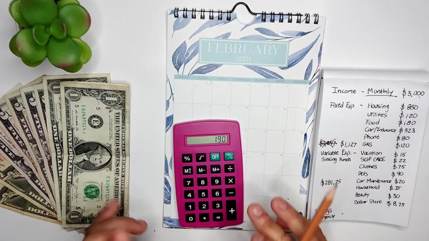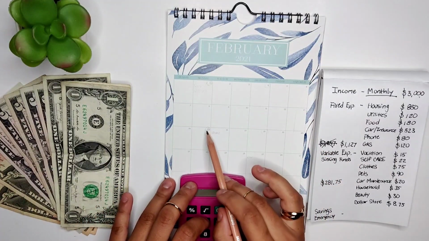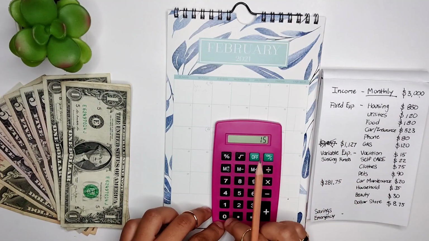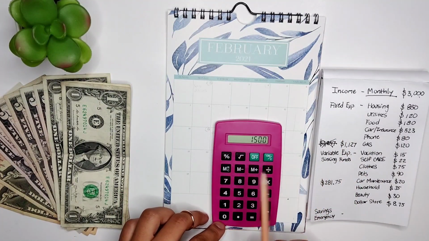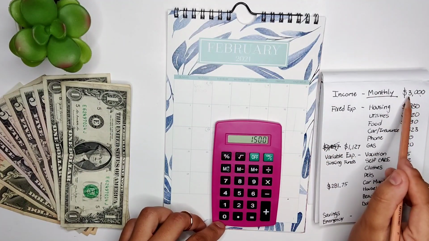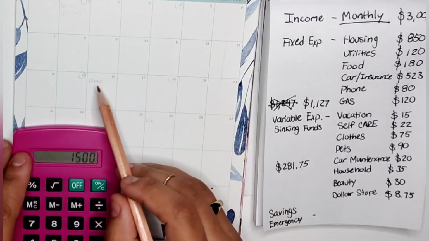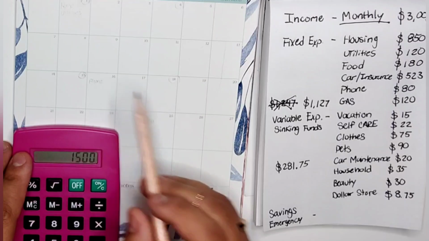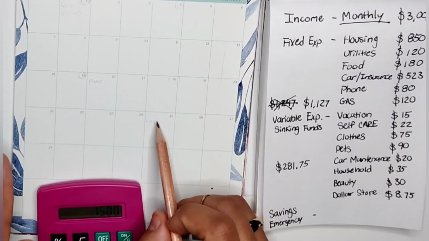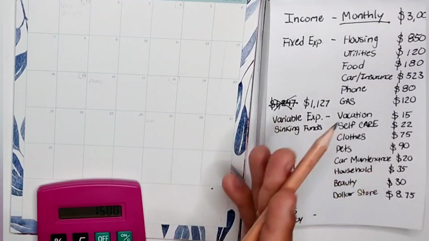But now we're going to go into our second paycheck. So again, on the 15th we get paid, and that comes out to $1,500 because that is the bi-weekly amount from our monthly income. And now on the 16th is our phone bill, and our car loan and car insurance is on the 25th, pretend.